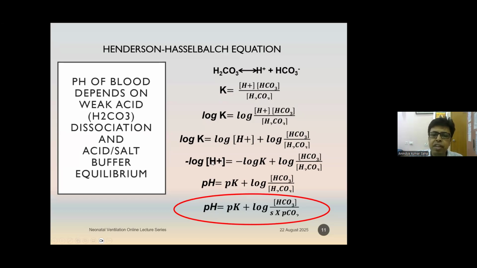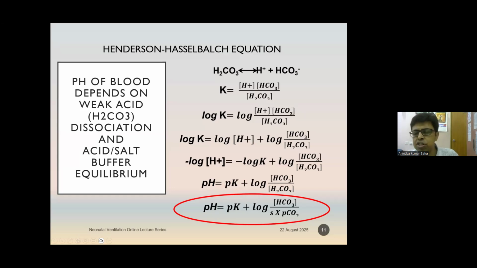And if we take the negative logarithm of the H plus ion by changing both sides of the equation, it will be minus log H plus is equal to minus log K plus log of this ratio. Minus log H plus is known as pH. So pH is equal to pK plus log of bicarbonate over carbonic acid concentration.